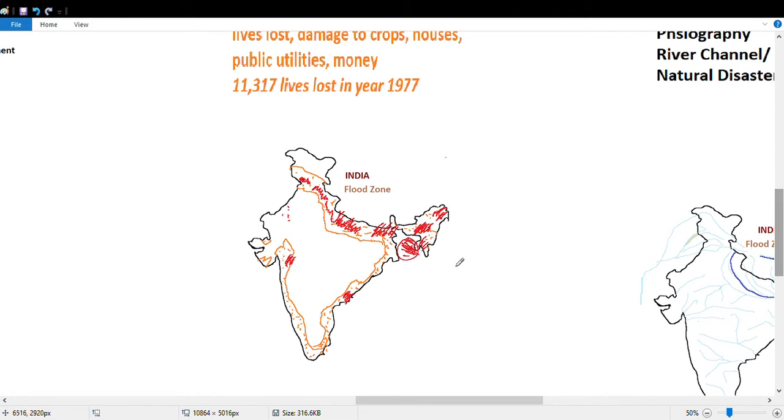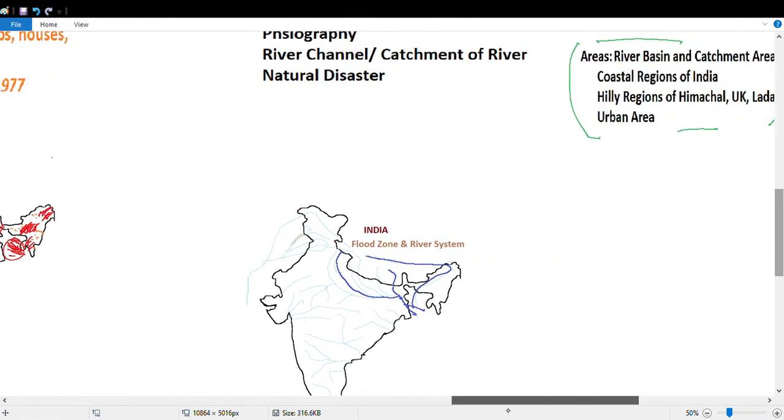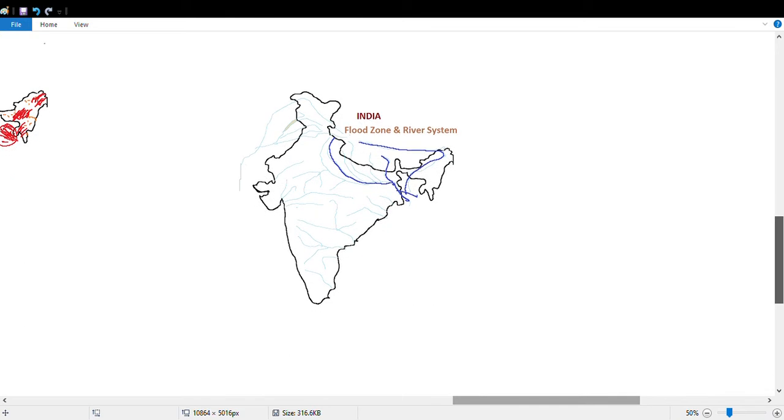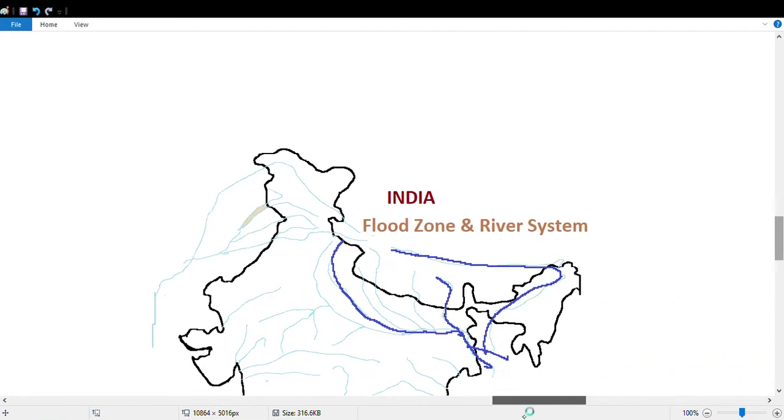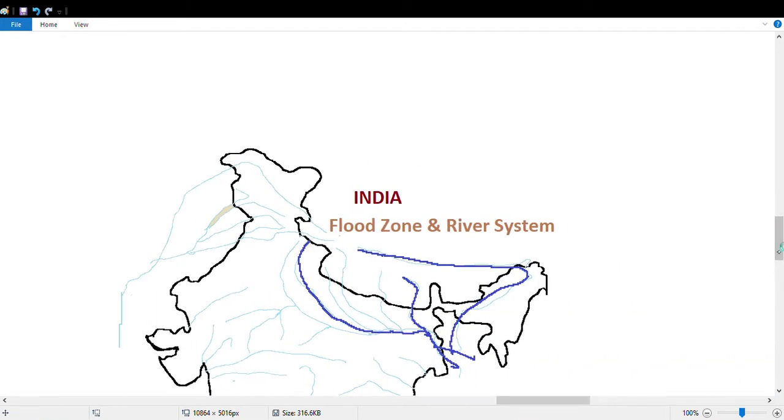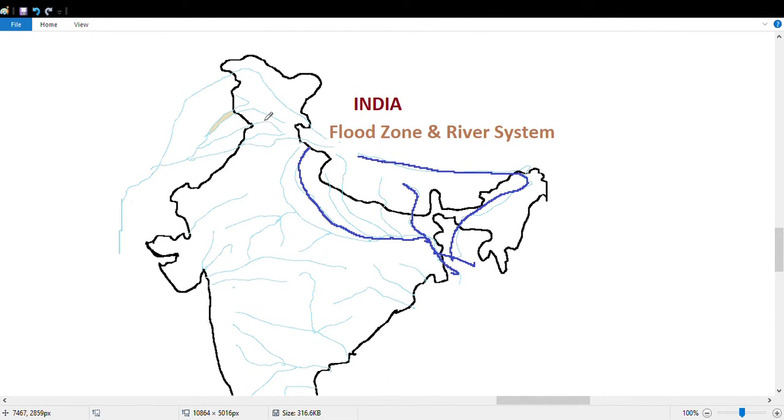This map shows which are the flood zones in India, and when we superimpose it with the river system or the drainage system, we get a clearer picture. This is the area of Punjab, Himachal and Haryana.